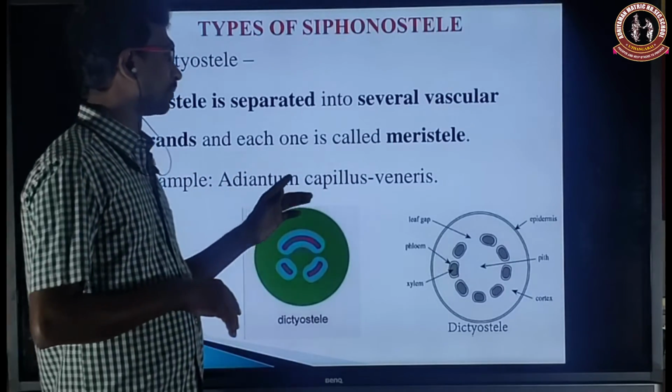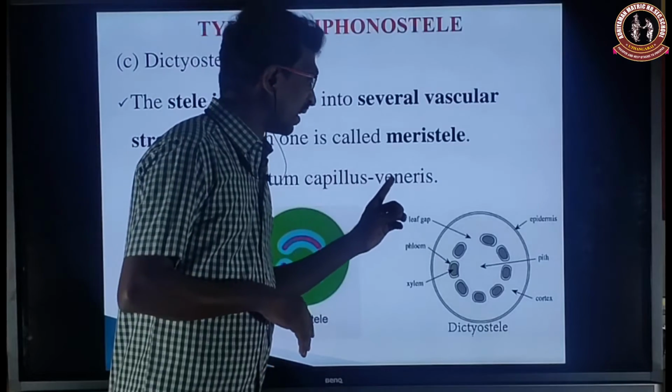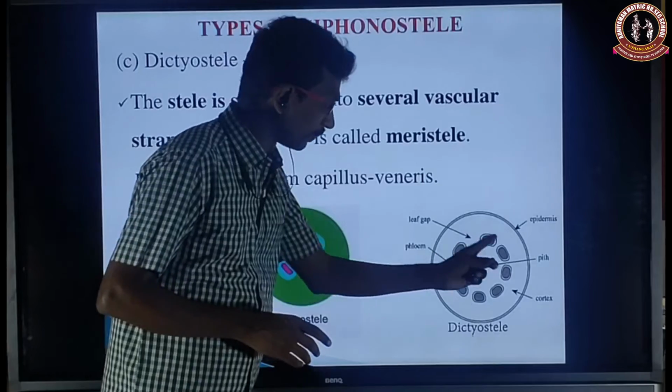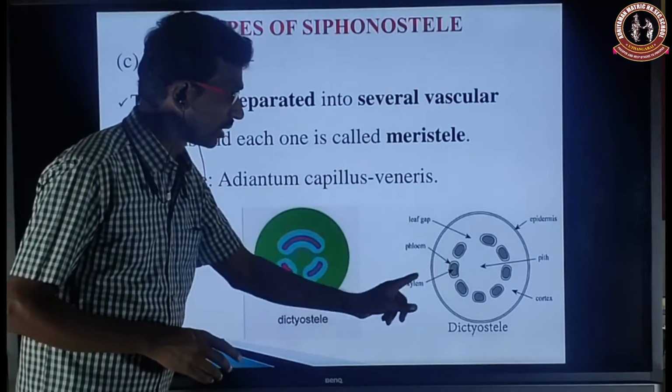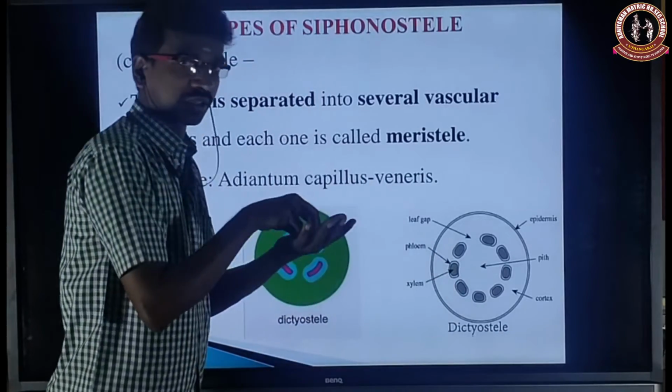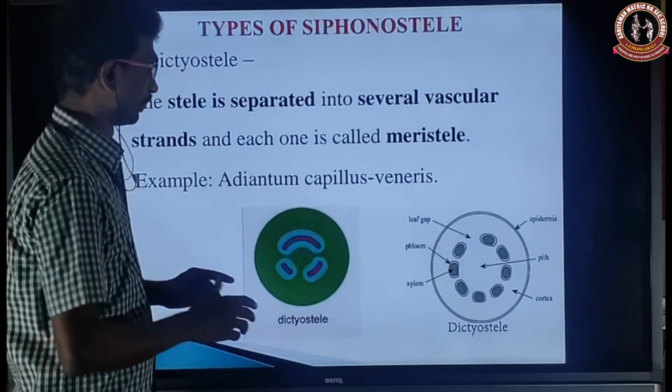Example, Adiantum capillus-veneris. So here are different patches. Each is considered a meristele. So each has the xylem at the center and surrounded by phloem.